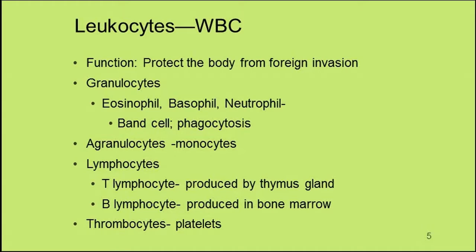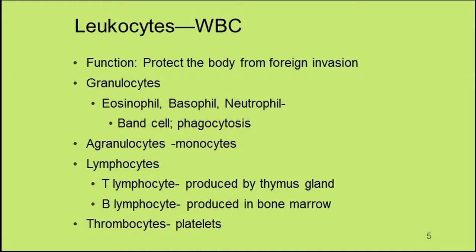Okay, so the next thing I'm going to talk about are the lymphocytes. Those compose 20 to 40% of our total white cell count. A mature lymphocyte is the basis of our immune system. Its primary job is to attack against foreign material.